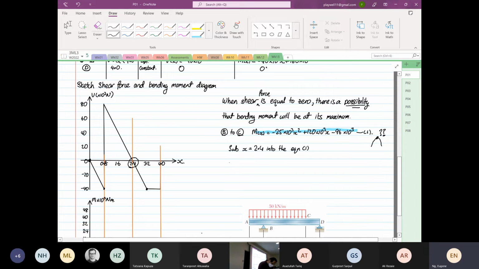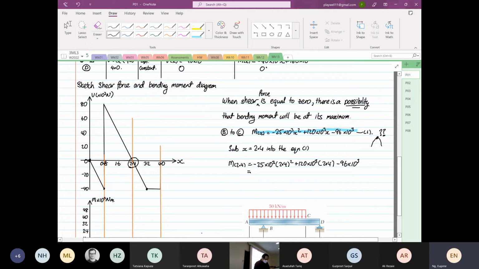Okay. So now you substitute. So M, when x is equal to 2.4, is equal to minus 25 times 10 to the power 3 times 2.4 squared, plus 120 times 10 to the power 3 multiplied by 2.4, minus 96 times 10 to the power 3.